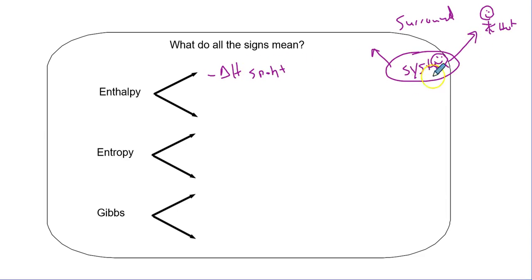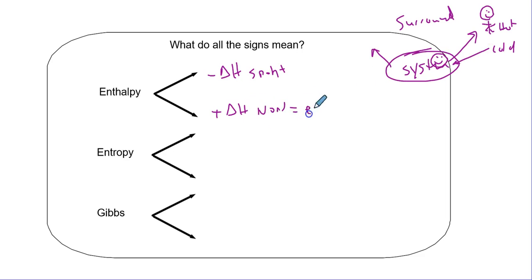The wood from a campfire contains all the energy already. It just needs to lose it. Therefore, when it burns, you feel hot. And it burns all by itself. You don't have to do anything. It just goes. You need to get it started, but once it's going, it keeps going. A positive delta H is one where stuff enters the system. And therefore, you might lose energy, you'd feel cold. And this is, of course, non-spontaneous.